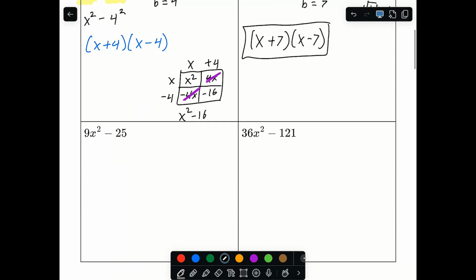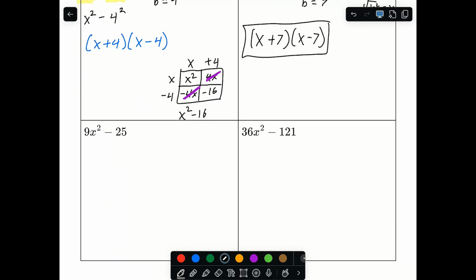Looking at these bottom two, same thing, we have two terms. So we have one term, two terms, separated by a subtraction sign. And I also have 9, which is a perfect square, and 25, which is a perfect square. So if I look at my a value, a is going to be 3x.